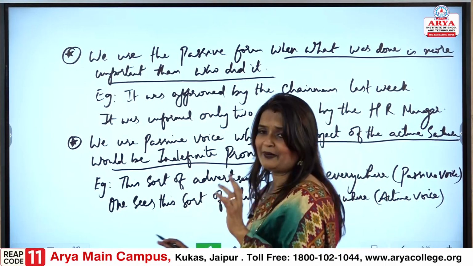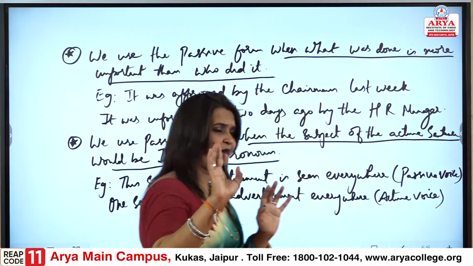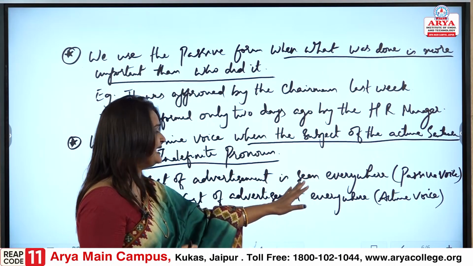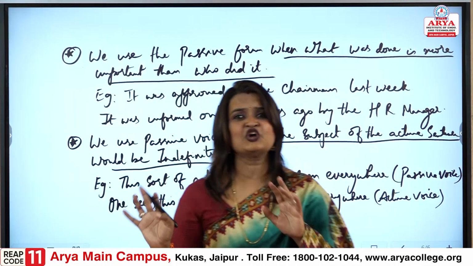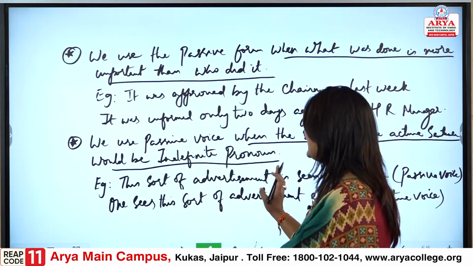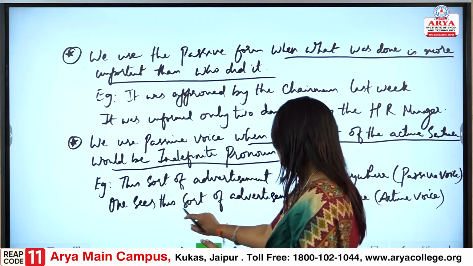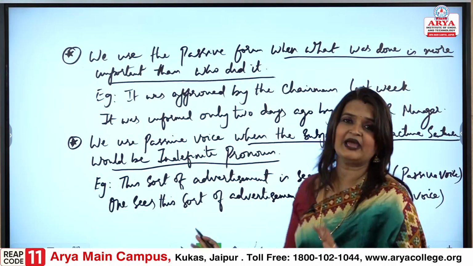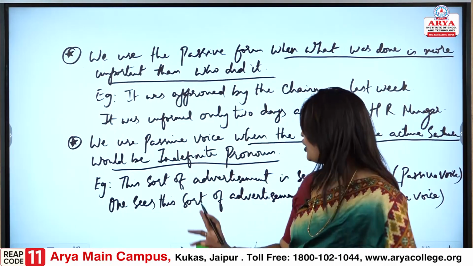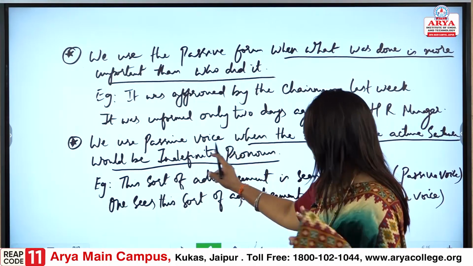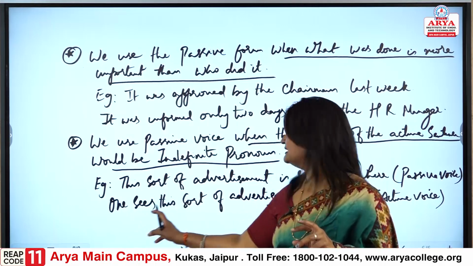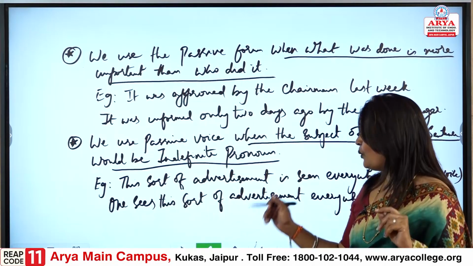Now in the passive, what we make is, this sort of advertisement is seen everywhere. We take it this way, because in the active sentence the subject is "one sees".